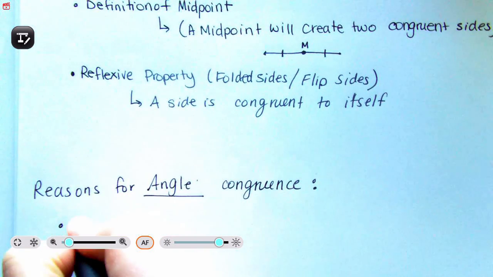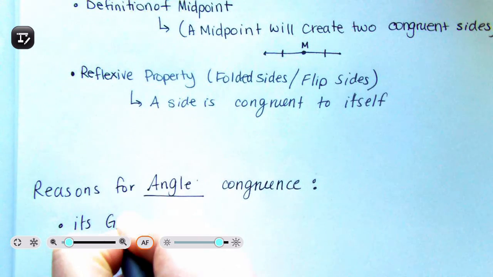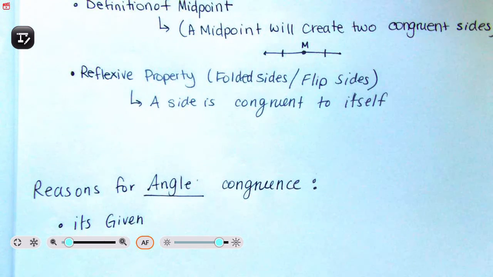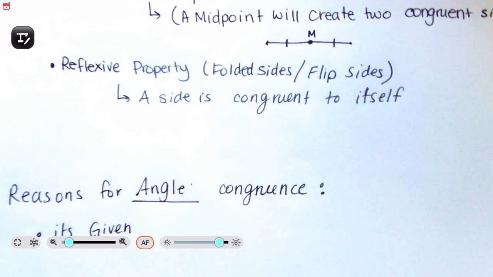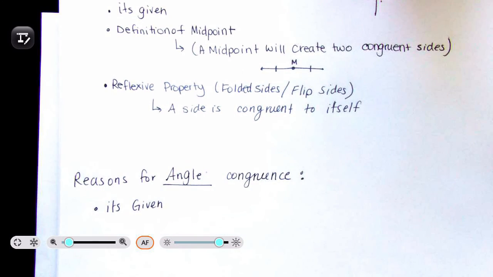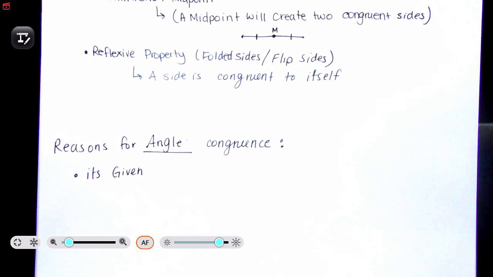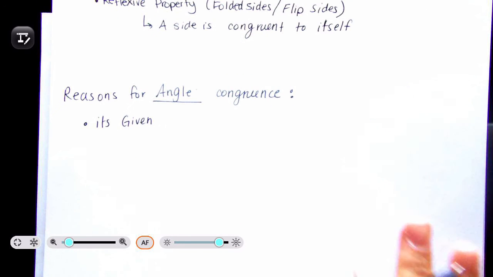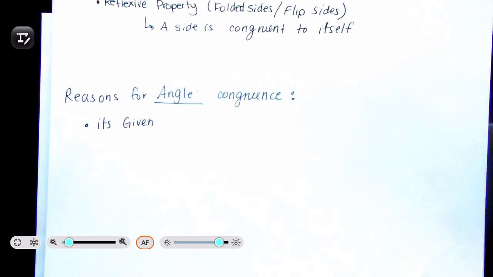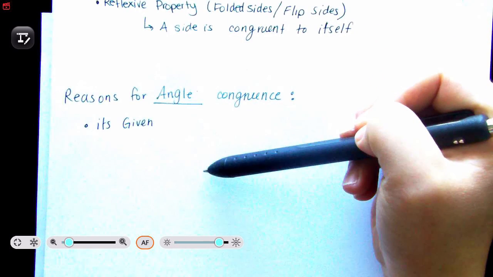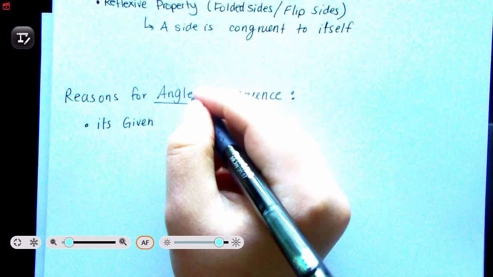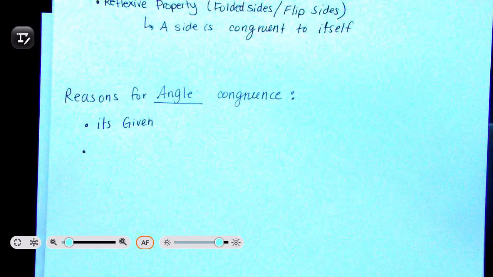So first thing, always, it's given. So basically, what we are listing is a cheat sheet for you when you are proving triangle congruence. All you have to do is have this page out, pick which one you need, and write it down. So how do we know angles are congruent?